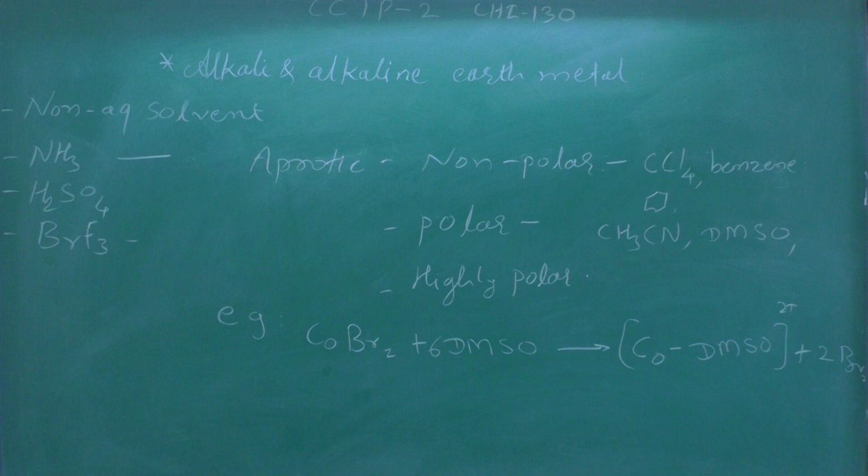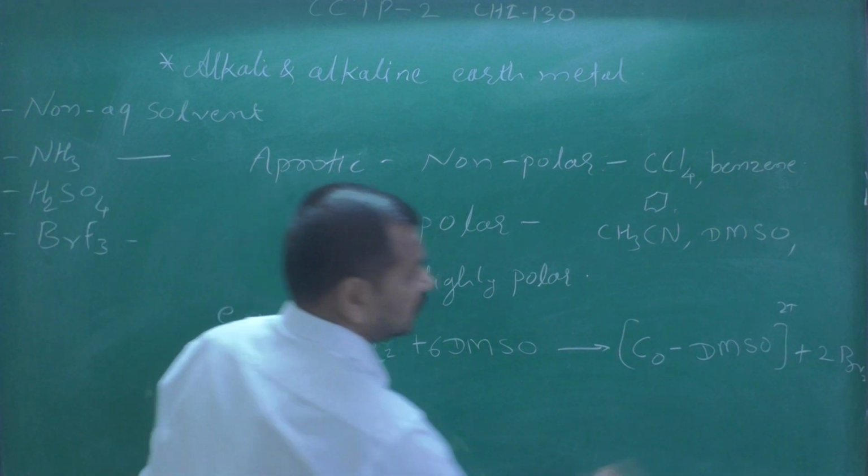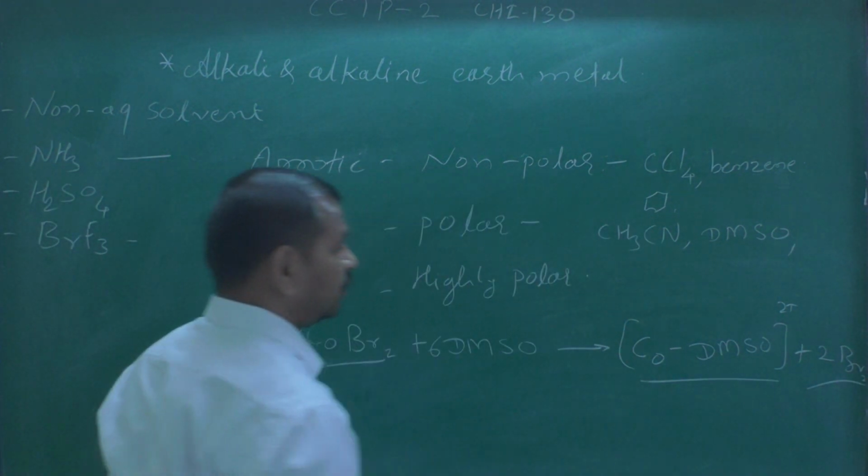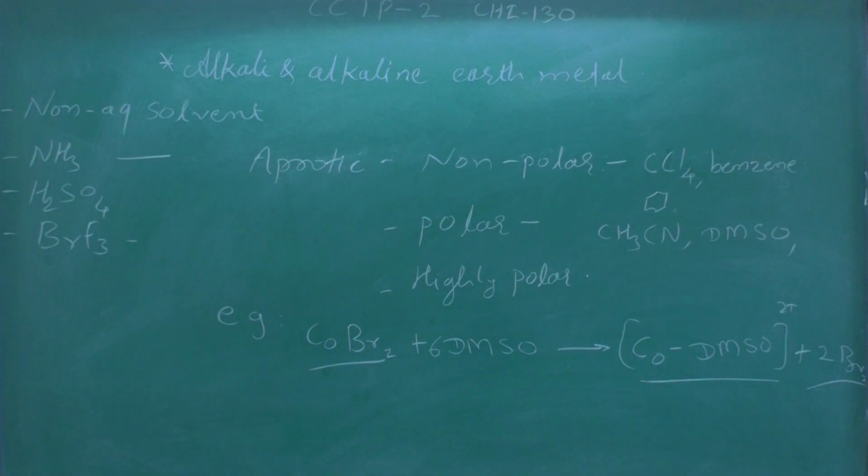These types of reaction take place in polar aprotic solvent. So this converts into this and forms a coordinate complex; these highly polar solvents dissolve the salt and coordinate with DMSO.